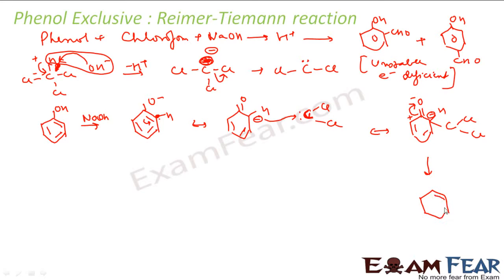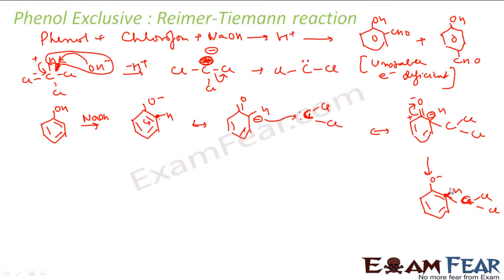Correct? Bond. Aromaticity is back. This is O minus, this is H, there is C, Cl, Cl. Correct. Now if you see, this carbon has now 1, 2, 5 bond. It can't have, right? So one has to go. So this hydrogen will go, and this is carbon here. This hydrogen will go and will join this guy.